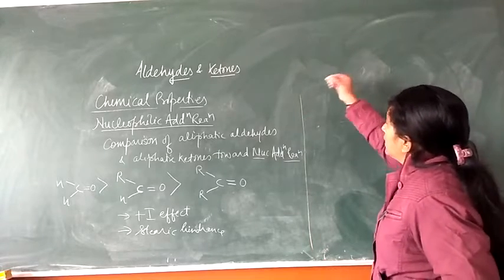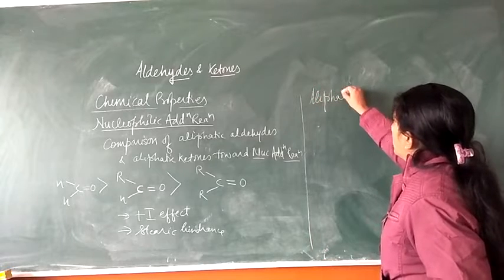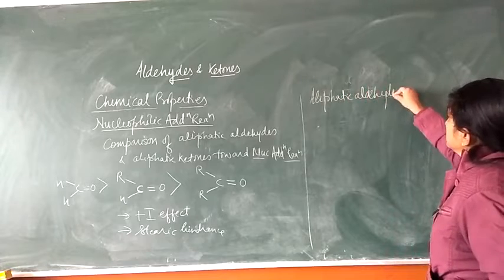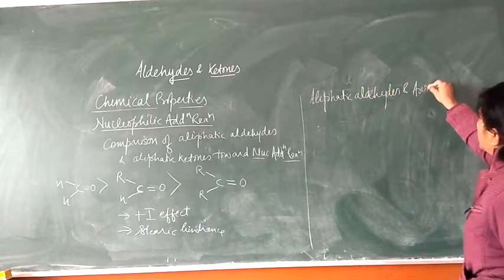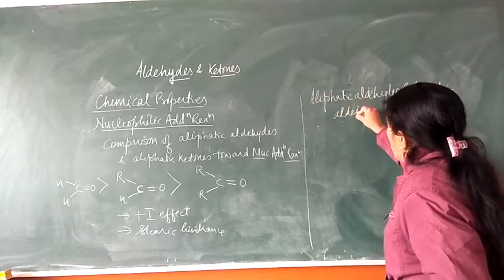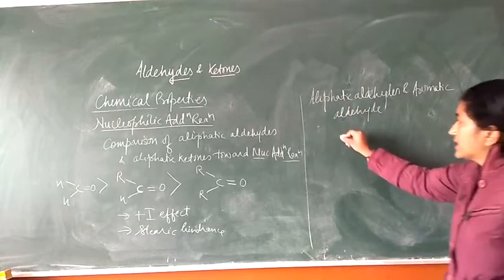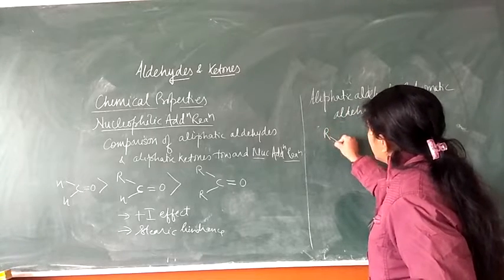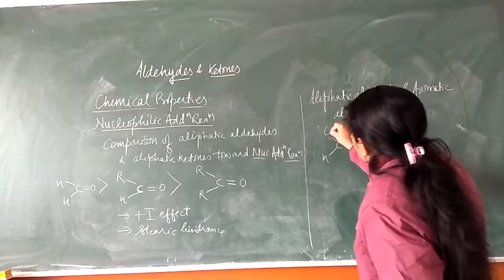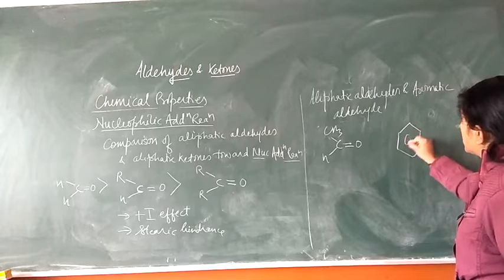Now just check the reactivity of aliphatic aldehyde and aromatic aldehyde, or aliphatic ketones with aromatic ketones. Now let's take an example here. If I have this RCHO, let it be CH3CHO here, we are comparing its reactivity with benzaldehyde, C6H5CHO.